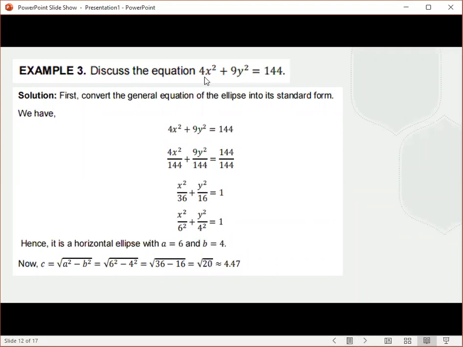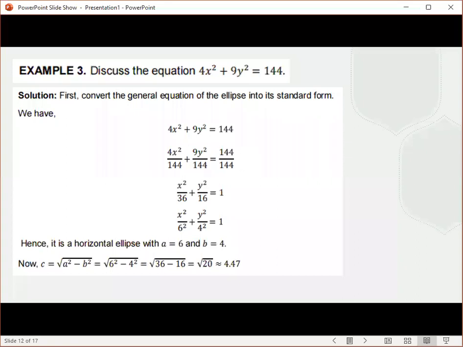First things first, given that you have the general form, you need to convert it to its standard form. Here, there's no need for us to factor out, so we just have to make sure that the right-hand side of the equation is equal to 1.